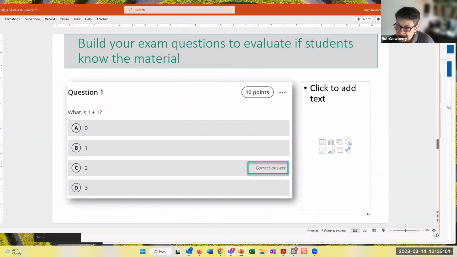Same with exam questions. I'm going to be asking, is my exam question aligned to the content of my course? My distractors or responses, possible answers, is that helping to differentiate my learners? And in exams, always, did I select the correct answer?